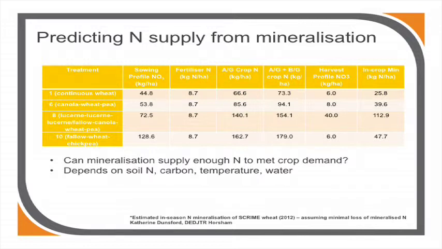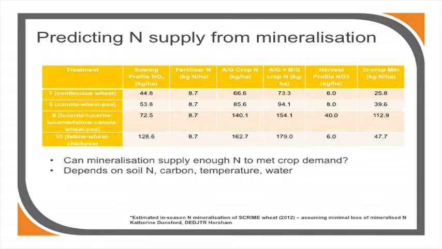Basically, what she's been looking at is the potential for mineralisation of nitrogen under different rotation scenarios. This is built on what we call SCRIME, our long-term rotation trial at Longrenong. It's been going for 25 years. What we've got here is a comparison of a handful of different rotations and their mineralisation rate during 2012.